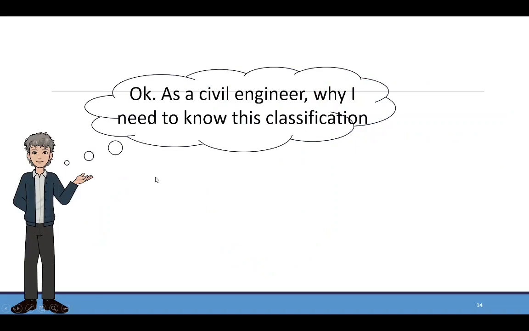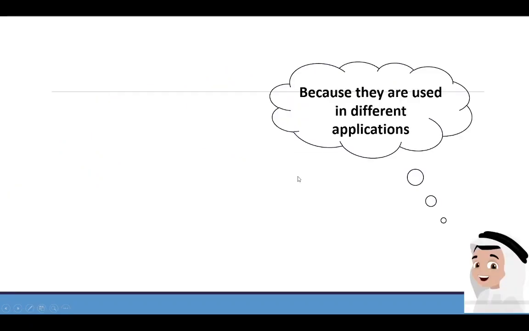A question here might be raised: why, as civil engineers, are we interested in knowing this kind of classification? Actually, because of the different applications that each category will be fitting in.